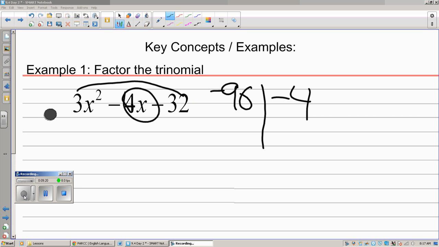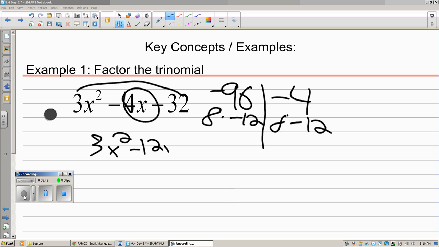So I got 8 times negative 12, 8 minus 12. So that would make it 3x squared minus 12x plus 8x minus 32. And so you split down the middle.